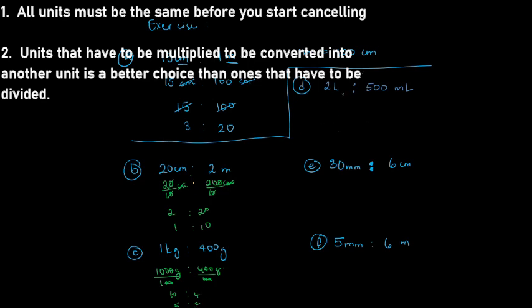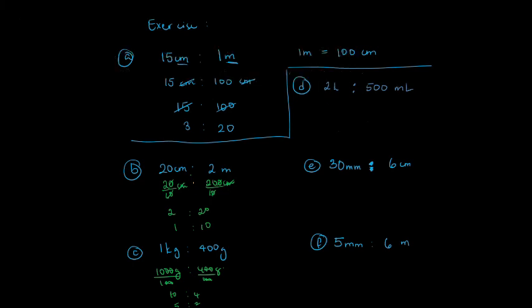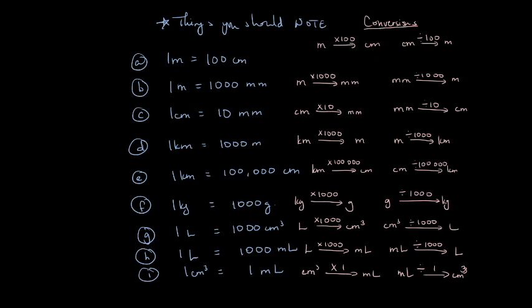Let's try 2 liters to 500 milliliters. So let's look at the liters. It says here that 1 liter is equal to 1,000 cubic centimeters. So to go from liters to milliliters, we have to multiply by 1,000. It says it right here.